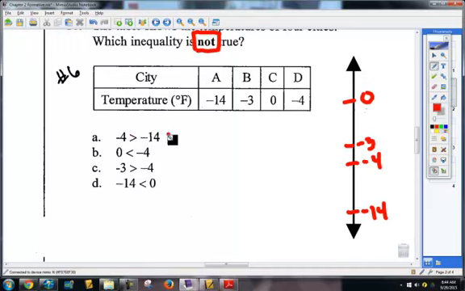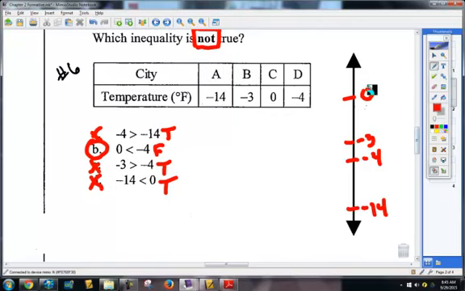That's true, right? Sure, it's a warmer temperature. 0 is less than -4. Is that going to be true? That's going to be false. But remember, we're finding the 3 wrong answers. So is -3 going to be greater than -4? Yes, it is. And is -14 less than 0? True. So that's why we were able to eliminate A, C, and D to make the correct answer letter B. Okay? Now, again, you didn't have to do the number line. I'm just trying to give you guys strategies. That's all.